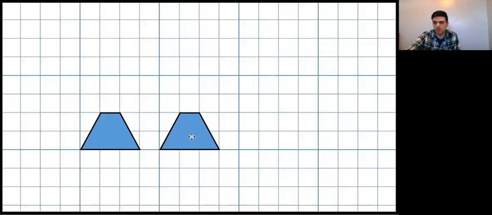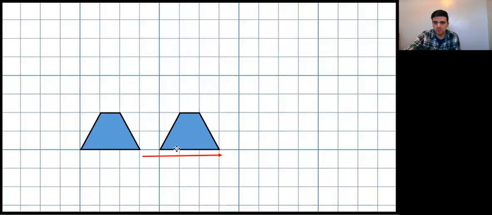If I translate this trapezoid from here over to here, how far have I moved it? Now, it's very tempting to say that I moved it 1 square over because that's the distance between them. You can see that there's 1 square in between. However, when we measure a translation, we're going to measure from point to point, meaning if I want to pick the bottom right corner, we're going to measure from the bottom right corner to the bottom right corner so that we can see how far that 1 corner has moved, because that's how far the whole shape has moved.